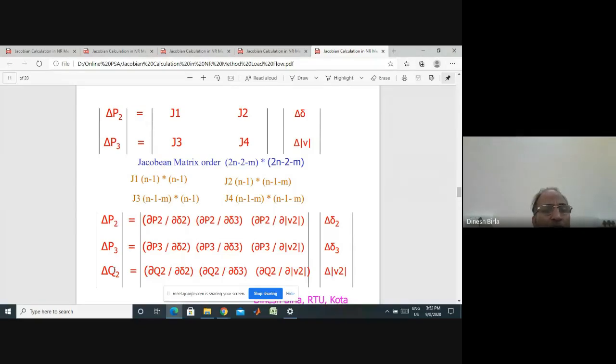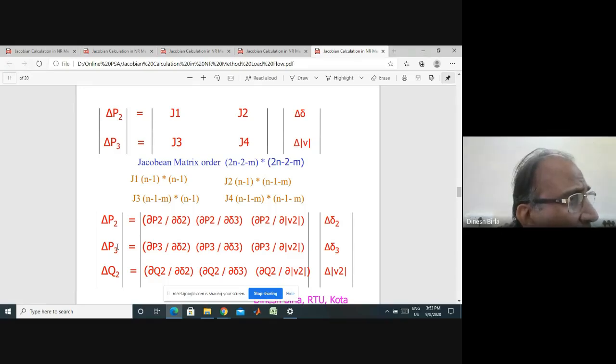P and Q. In this expression, we are placing the active and reactive power on the left hand side and angles on the right hand side. P2 and Q2 are the active and reactive power corresponding to bus number 2, and P3 is the active power corresponding to bus number 3. Since bus number 3 is a PV bus, there is no Q3 term.